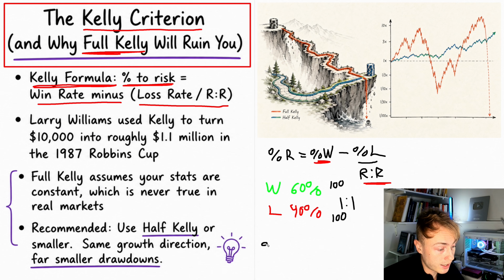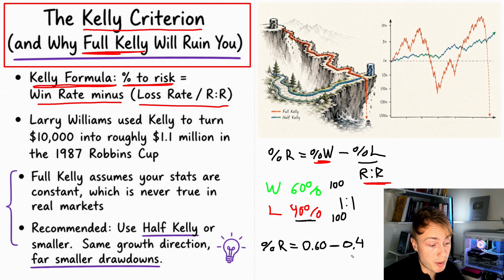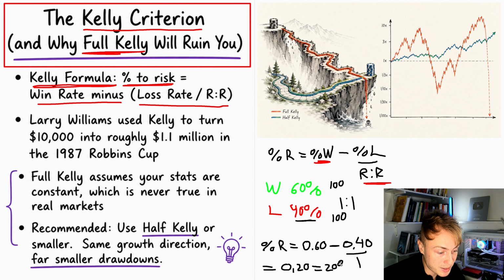Now, to calculate the Kelly Criterion, so how much we should risk, we simply plug in the numbers. The amount we need to risk is simply 60%, or 0.60, minus our loss rate, which is 0.4, or 40%, divided by your risk to reward. And remember, here we have divided by 1, which is just equal to 0.60 minus 0.40, which is 0.20, or in other words, 20%.